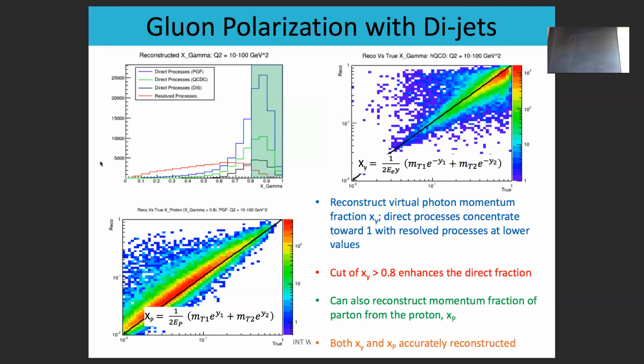Because the resolved photon picks up processes where the photon splits collinearly almost into a quark pair, and that's what you need, theoretically speaking, to factorize into that resolved contribution. And with large Q-squared, you just don't have that. PYTHIA certainly has a parameterization for the cross sections for this, and it may be that the tails as you go up to larger and larger Q-squareds are uncertain. But okay.